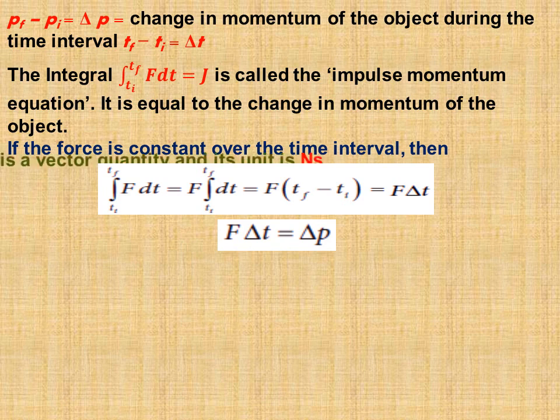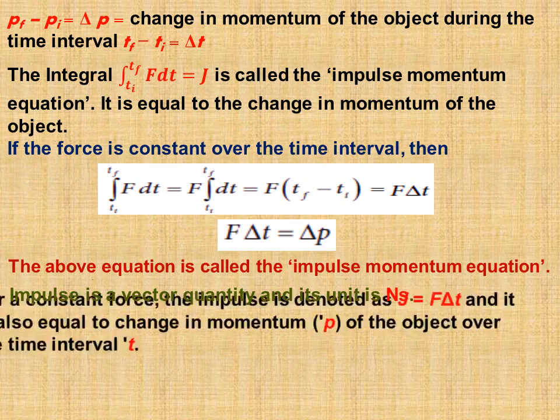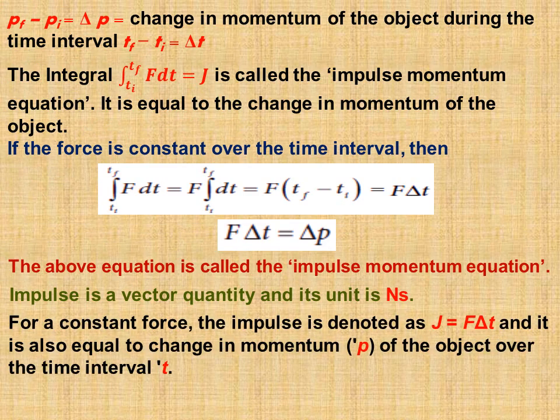F del t is equal to del P, and the above equation is called the impulse-momentum equation. The impulse is a vector quantity and its unit is newton-second. For a constant force, the impulse is denoted as J is equal to F del t, and it is also equal to the change in momentum P of the object over the time interval.